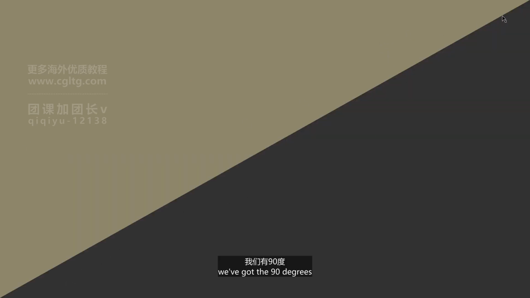Whereas here, we've got the 90 degrees of our artboard, but we also have the angles where we've split it into two triangles. And those are different angles. These two might be closer to 30 degrees and 60 degrees, or 50 and 40 degrees. There is a lot more variety. And that variety makes it more dynamic, more interesting, and adds that element of motion and energy.